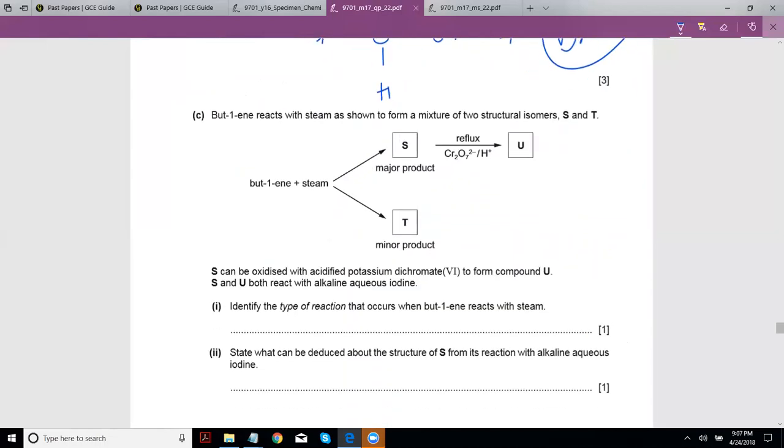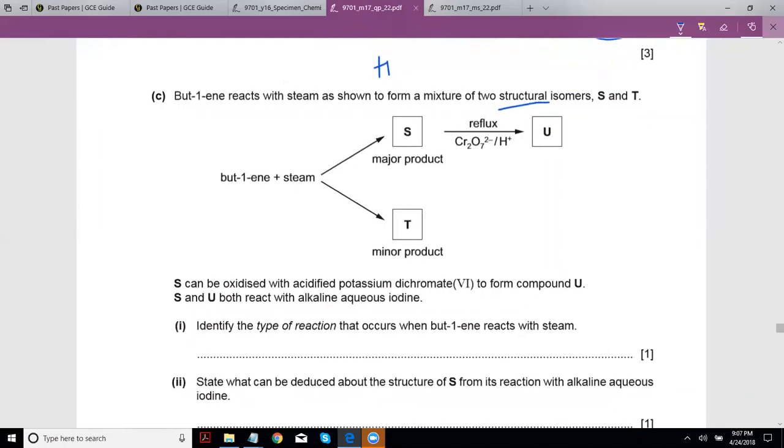So but-1-ene reacts with steam as shown to form a mixture of two structural isomers. So structural isomers, and you either say major product, minor product, and Markovnikov's rule. What is there in steam? In steam, OH will attach to one carbon and H will attach to the other.